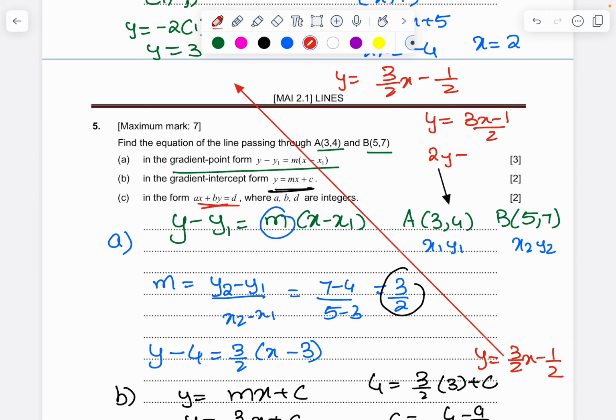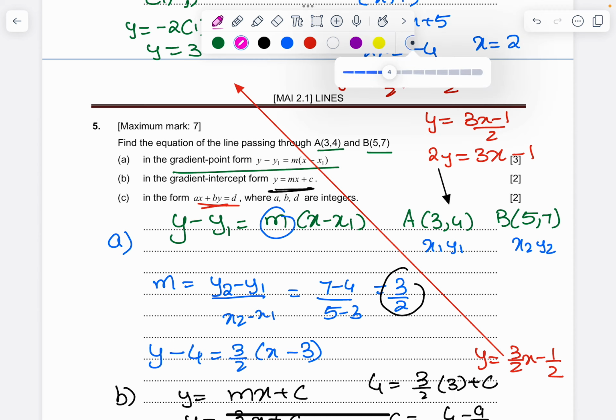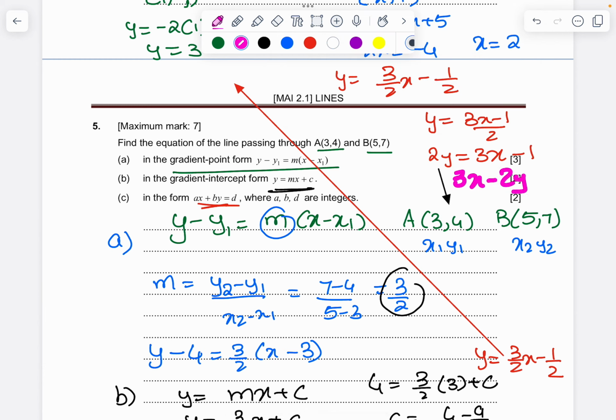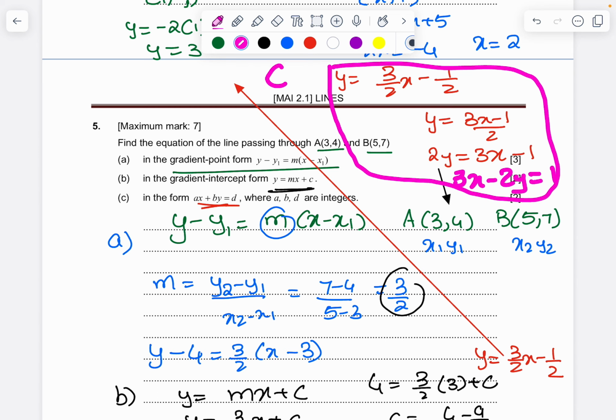So it becomes 2y equals 3x minus 1. Then bring 2y onto the other side, and 1 to the other side: 3x minus 2y equals plus 1, just by rearranging it. That's going to be the answer. This is the answer for part C.